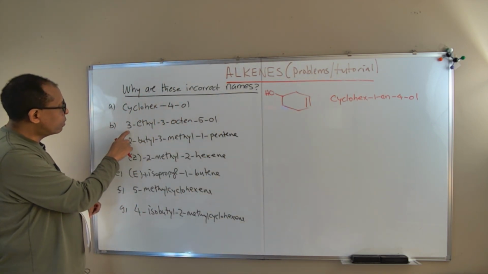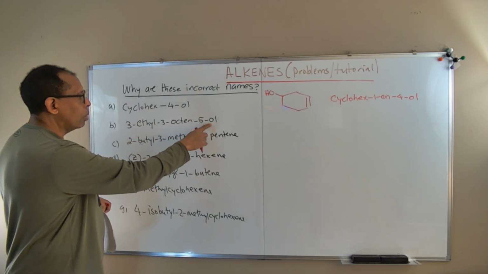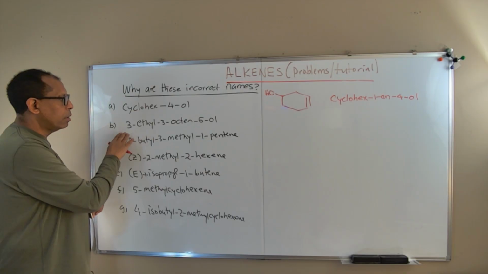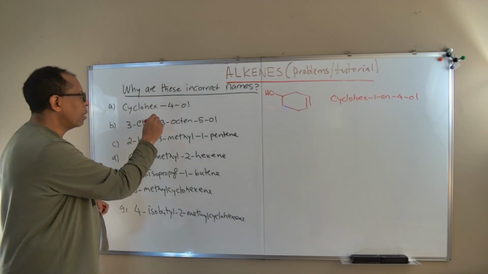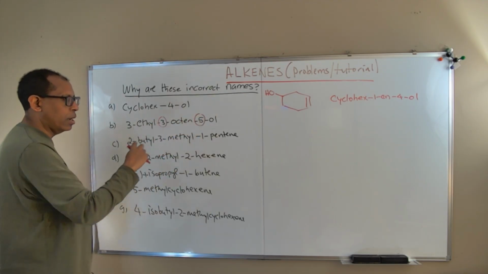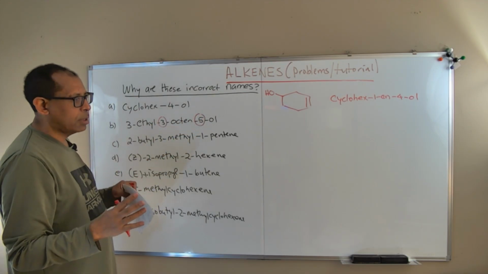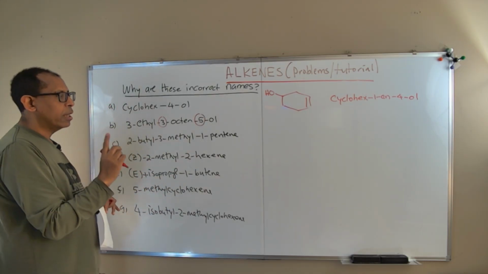Here I have 3-ethyl-3-octen-5-ol. As you see, the main problem is what I already mentioned in the lecture section: alcohols get priority.